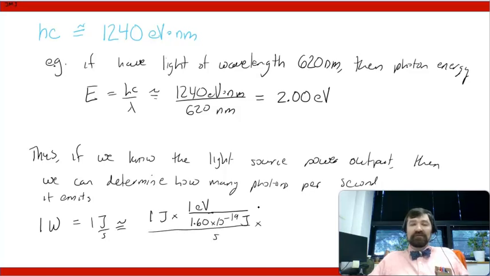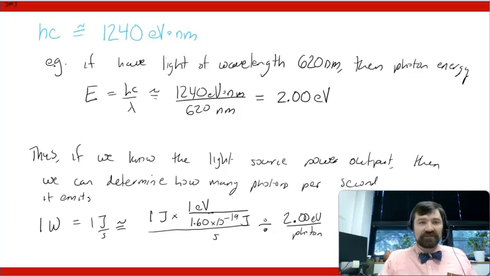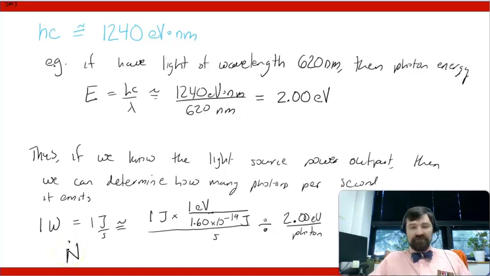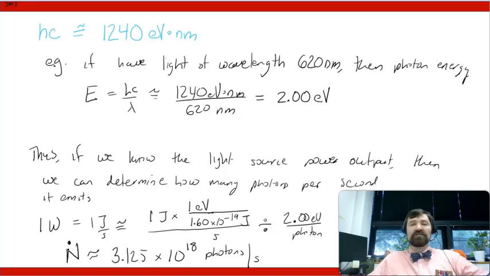And then we can basically divide that by how many eV per photon, so divided by 2 eV per photon. If you do all that, you get how many photons per second. So the number of photons per second, which I'm going to represent as n dot, ends up being about 3.125, without paying attention to significant figures, about 3.125 times 10 to the 18 photons per second in this light beam.